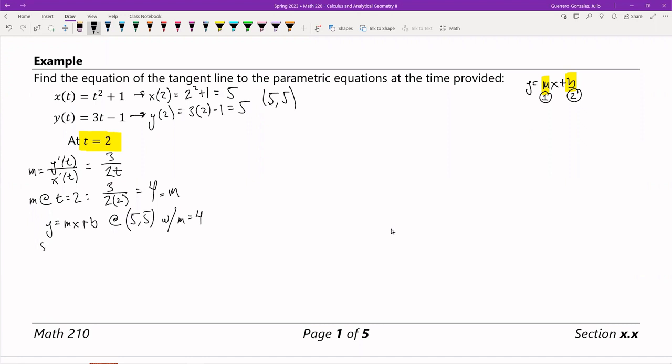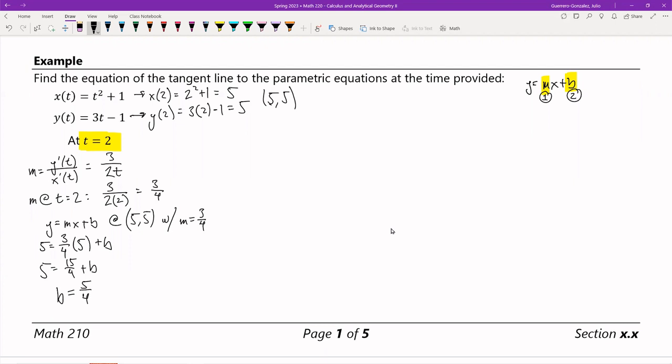So 5 is equal to 3 over 4 times 5 plus b. That's 15 over 4 plus b. And if you solve this out, b should be equal to 5 over 4.